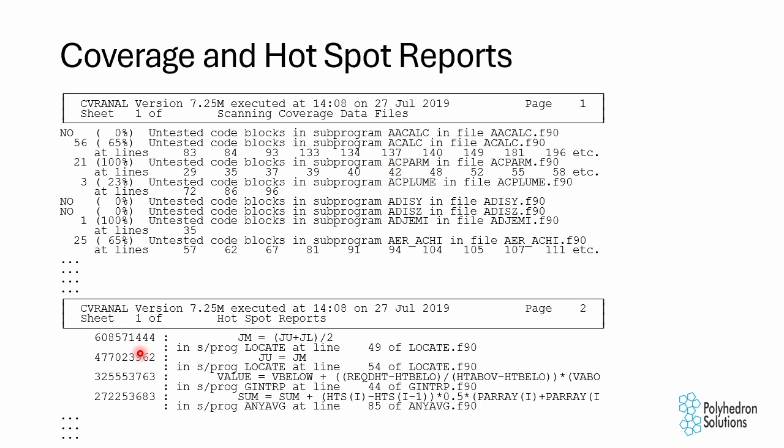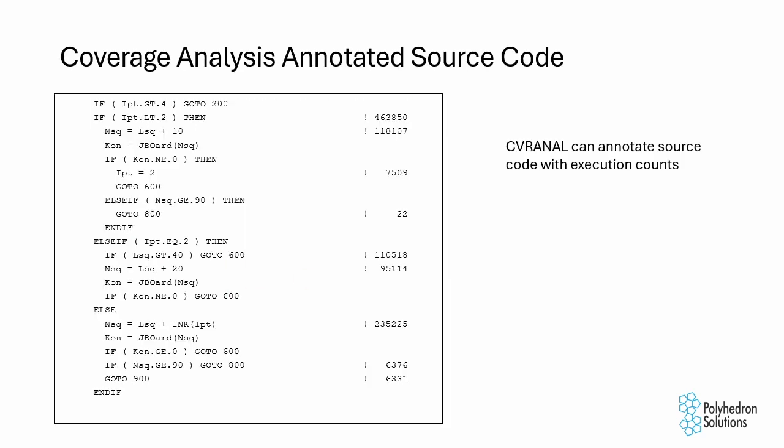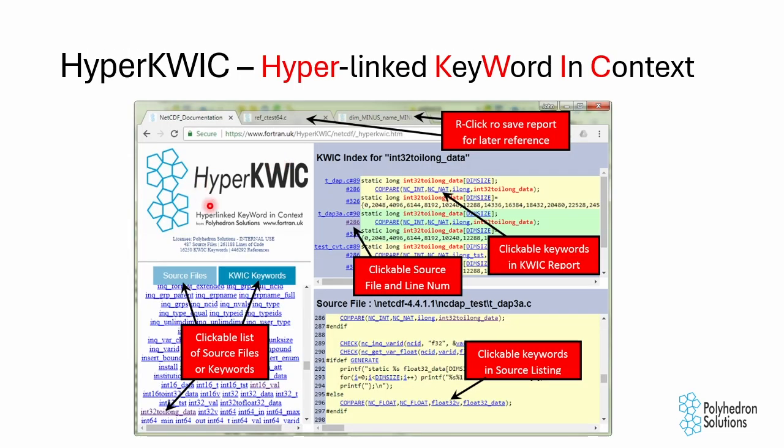It also, as an extra output, shows the most executed lines in your entire program, which can be useful. The coverage analysis post-processor can also optionally annotate the source code with the execution count of each line, as shown here.